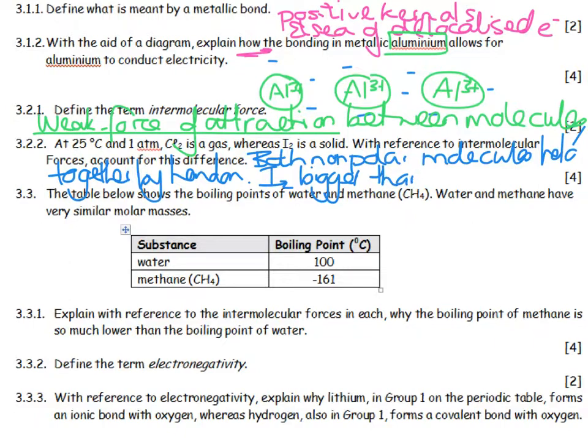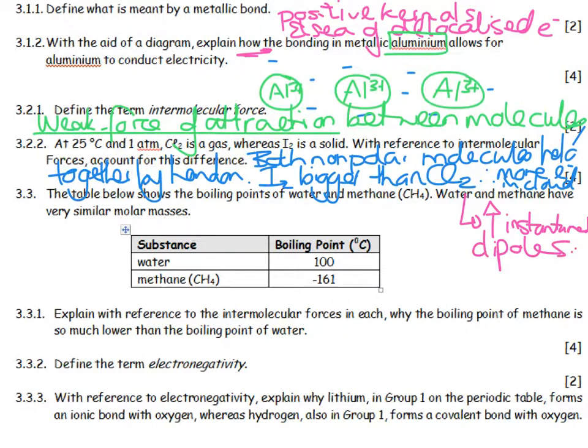than chlorine, therefore has more electrons in the cloud, and that means there's greater electron cloud wobble, which creates stronger instantaneous dipoles, or short-term dipoles, or snapshot dipoles.